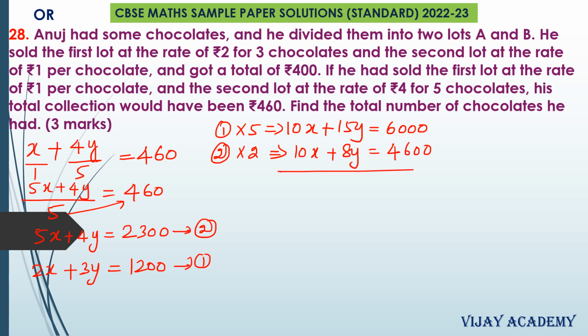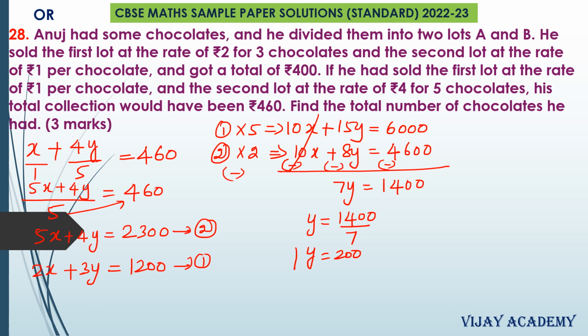Now let us subtract. To subtract, change all the signs: plus 10x becomes minus 10x, plus 8y becomes minus 8y, plus 4600 becomes minus 4600. So 10x minus 10x is 0, 15y minus 8y is 7y, which equals 6000 minus 4600, that is 1400.